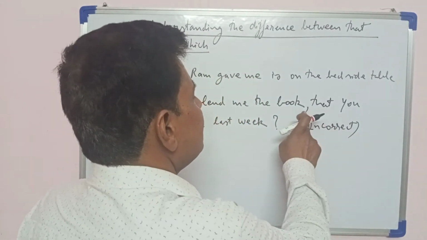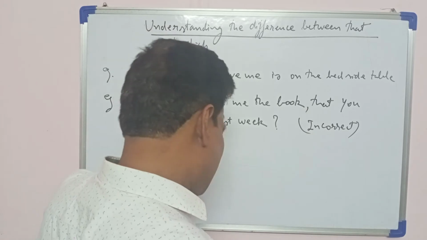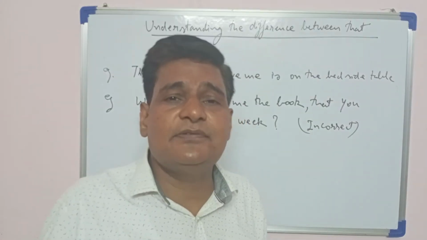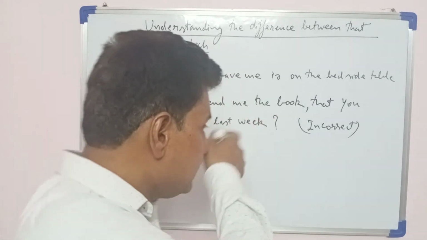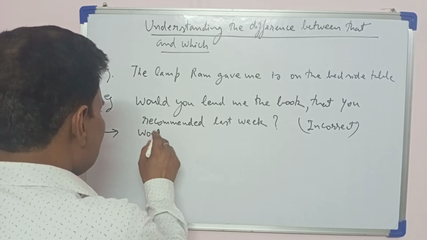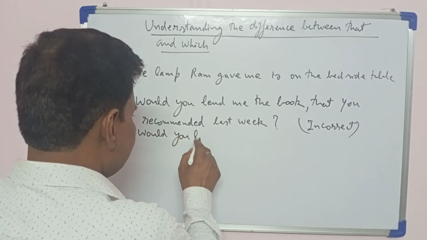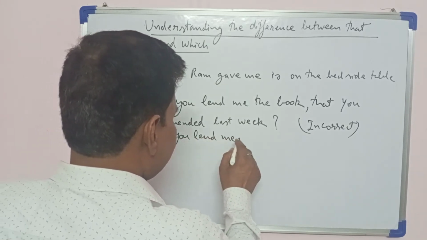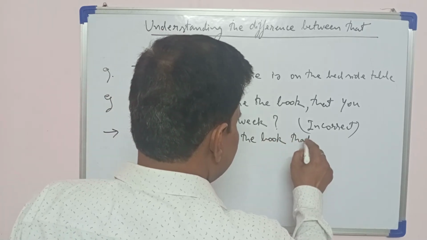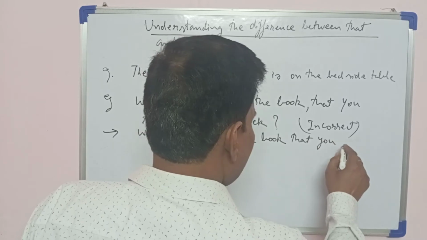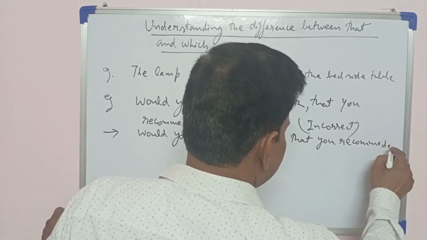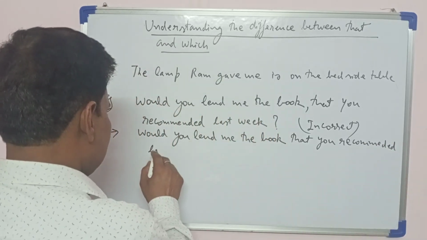Because we are using a comma before that, and that is never preceded by a comma. That is never preceded by a comma. This is the rule. So its correct version will be: would you lend me the book that you recommended last week?